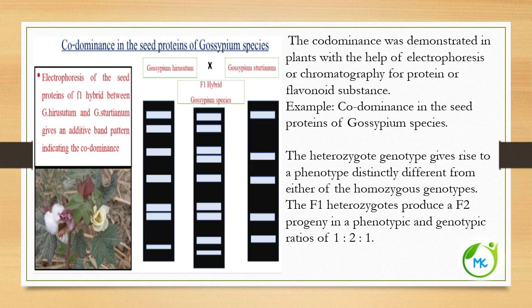So here you can see the banding pattern of Gossypium hirsutum, and the next you can see the banding pattern of Gossypium sturtianum. So in case of F1 hybrid, you could see both the different kinds of banding patterns are obtained, and the hybrid shows presence of both the types of protein similar to that of the parents. So hence it is referred to as codominance.